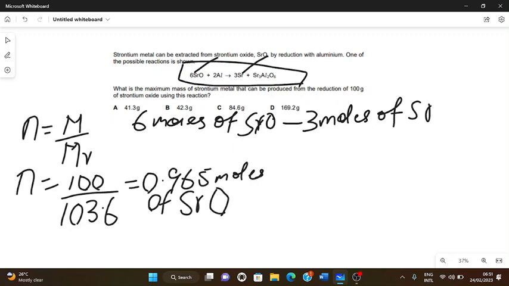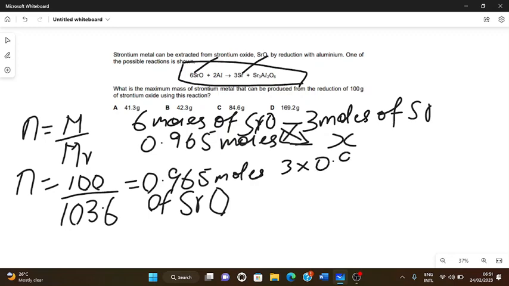Therefore, 0.965 moles of strontium oxide will give you what moles of strontium? Then you cross multiply. So it will now be 3 times 0.965 divided by 6.